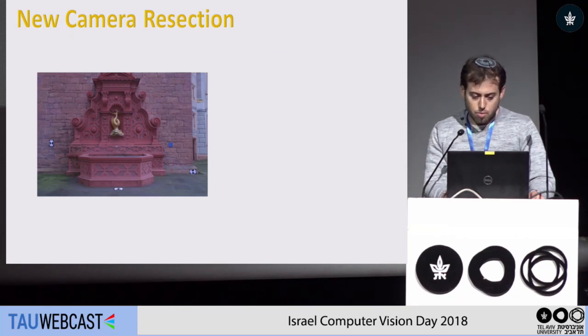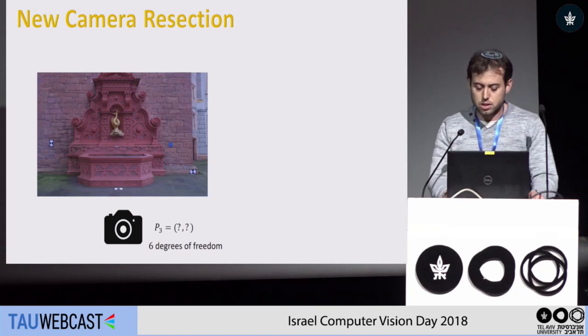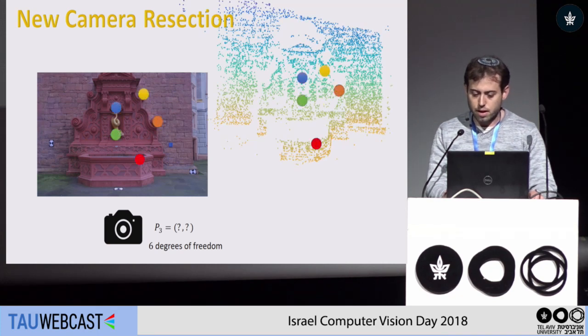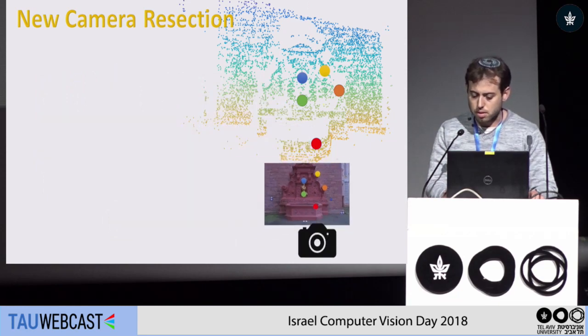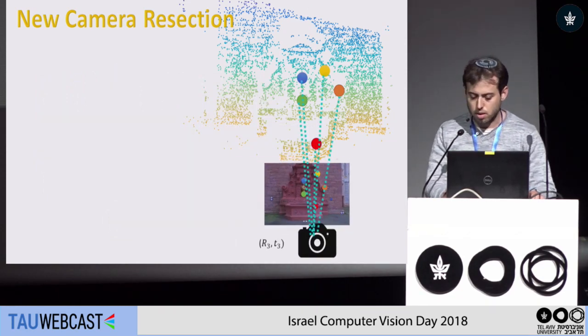Now, given a new camera, we would like to find its position and orientation in the 3D coordinate system relative to the reconstructed scene. So we first find 2D-3D correspondences from the new image to the 3D scene. Then, given the 2D-3D correspondences, the new camera is resectioned to the scene such that the 3D points are projected to the 2D observations.